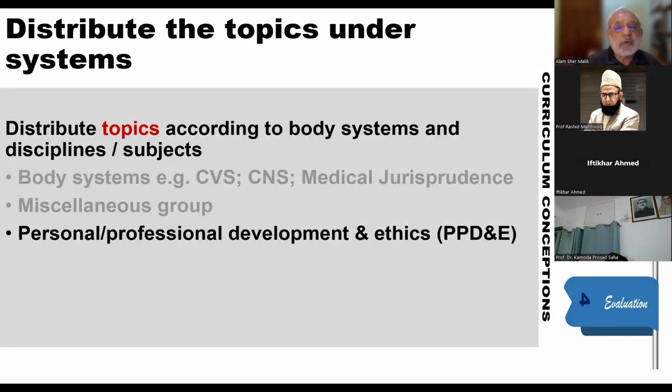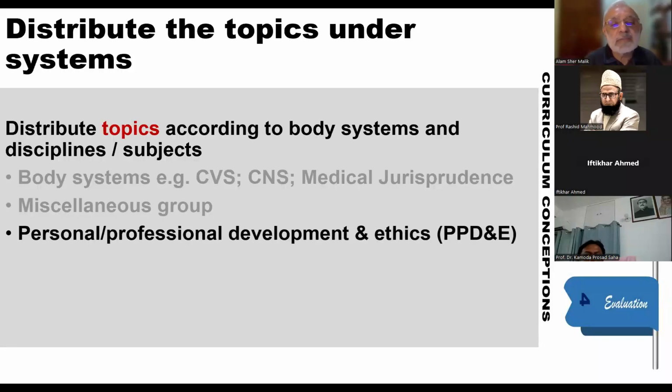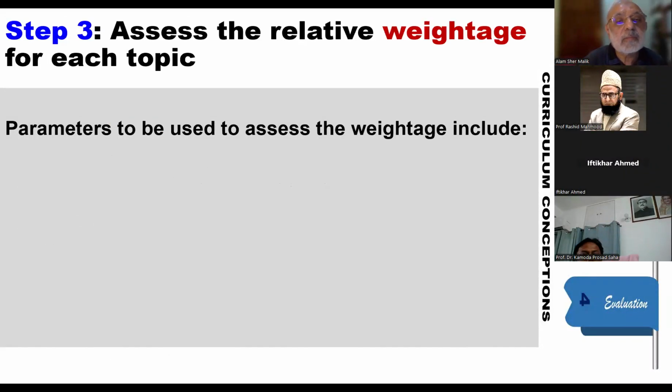And those different body systems can also include medical jurisprudence and also personal and professional development and ethics. So in this way, we organize the exhaustive list of topics which we have identified.